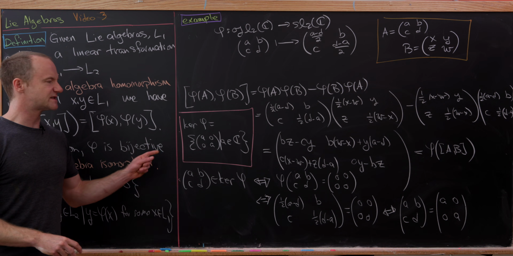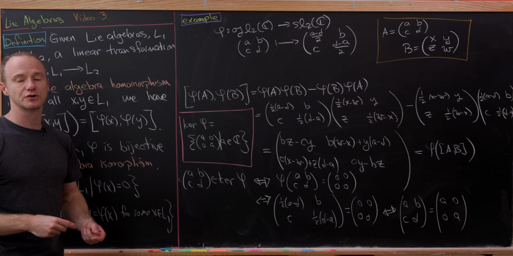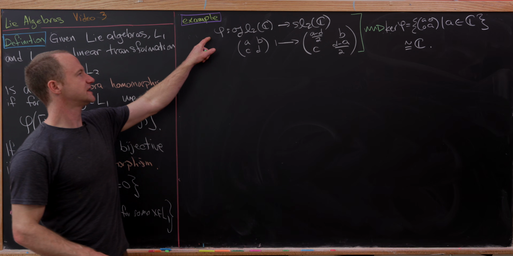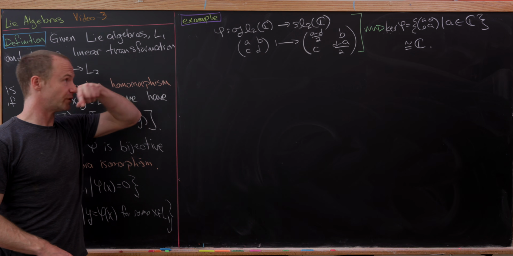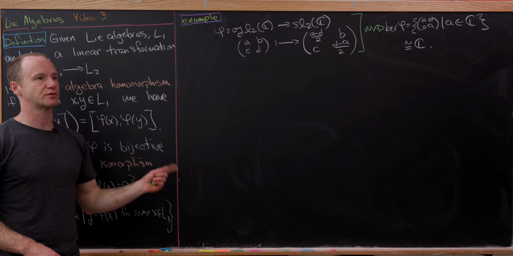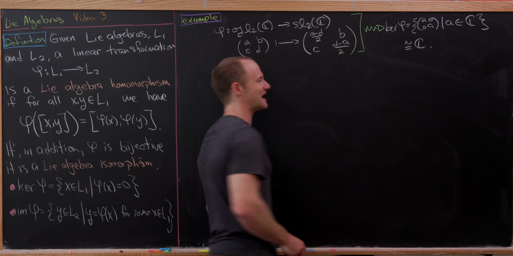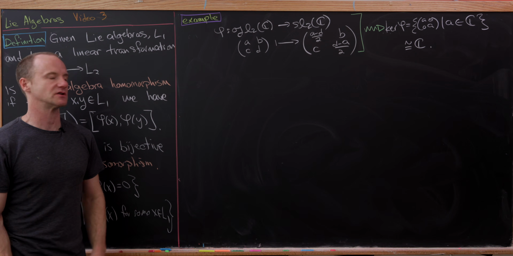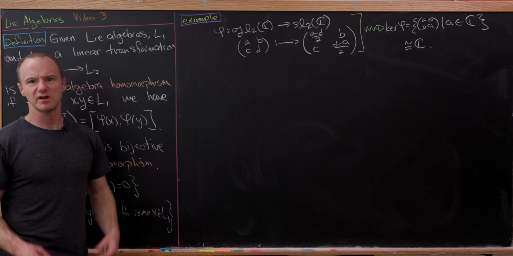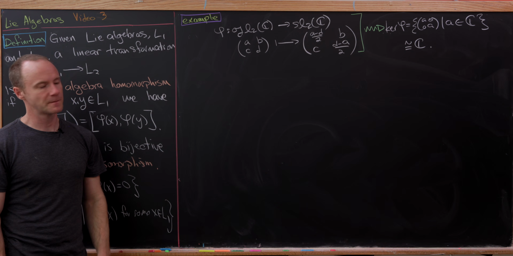Okay, so let's summarize the final result of that at the top, and then we'll move on to a related example. Using this Lie algebra homomorphism, we determined that the kernel was just the space of all matrices which were multiples of the identity matrix, but that's really the same thing as the one-dimensional Lie algebra C, because it's a commutative Lie algebra and it's fairly clearly one-dimensional.